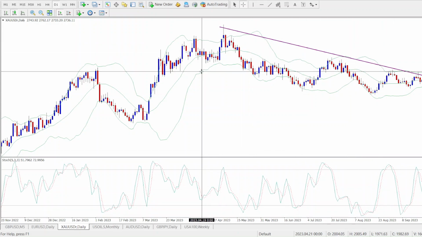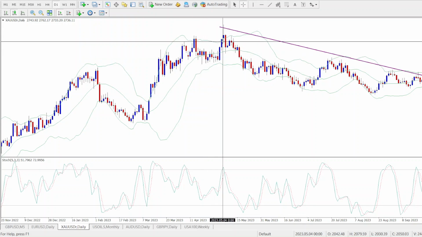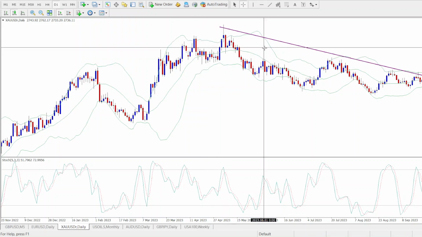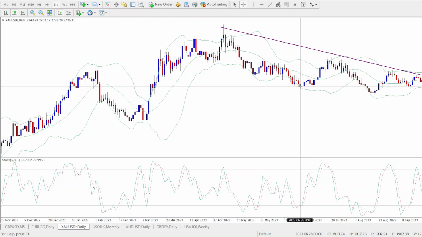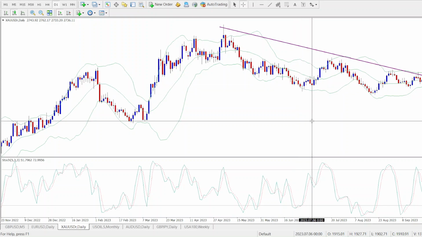Whereas for the Bollinger Bands, it's just when price gets to the upper band that you know the price is overbought, and when price gets to the lower band, you know that price is oversold. So when you combine these two indicators, you can get an effective trading strategy, although profit is not guaranteed. It's very important to know that.